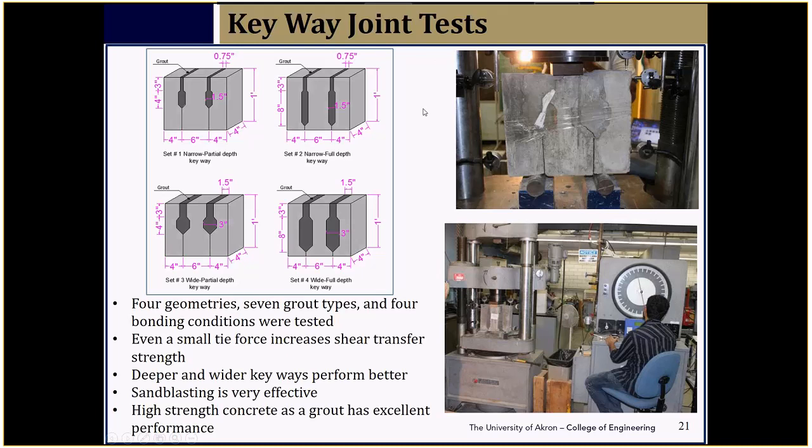But if we control our mix proportions and use number 8 aggregate, and we control our water cement ratio, and if we are able to get maybe 10,000 psi, which is very doable these days, in maybe 3 to 7 days, we were able to improve the joint strength significantly.